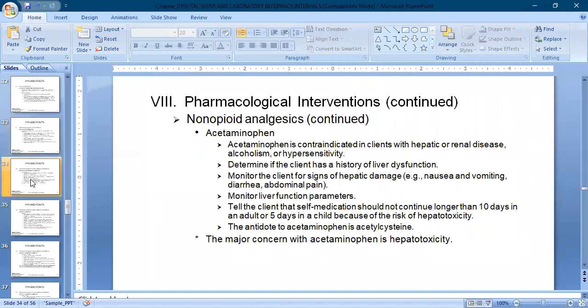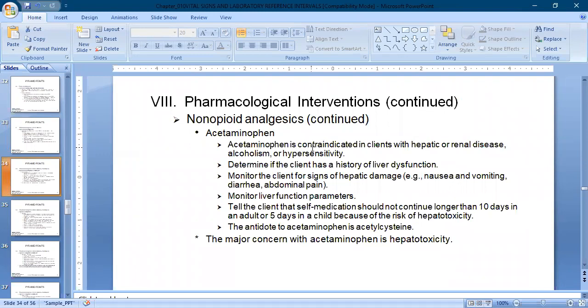And here we go, the non-opioid continuation, like acetaminophen. Acetaminophen is a safe medication for pain. Another name for acetaminophen is Tylenol. Acetaminophen or Tylenol, we basically use for fever, but it is also used to reduce pain.